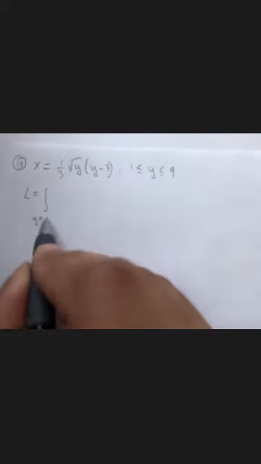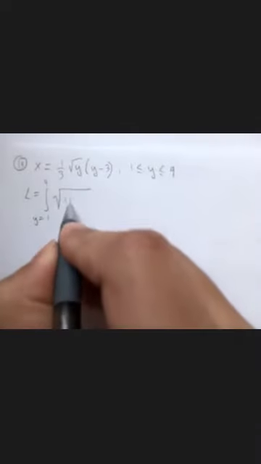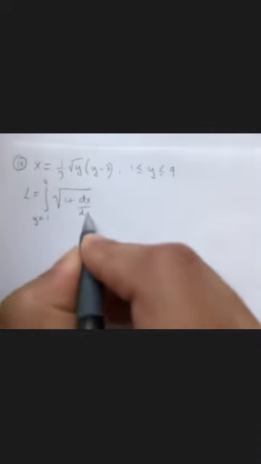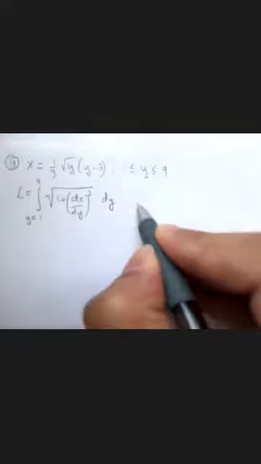The formula for the exact length of the curve will be... now since x is a function of y, so we will have dx over dy squared dy. So here we are integrating with respect to y. Okay, so first let's compute what is dx over dy.